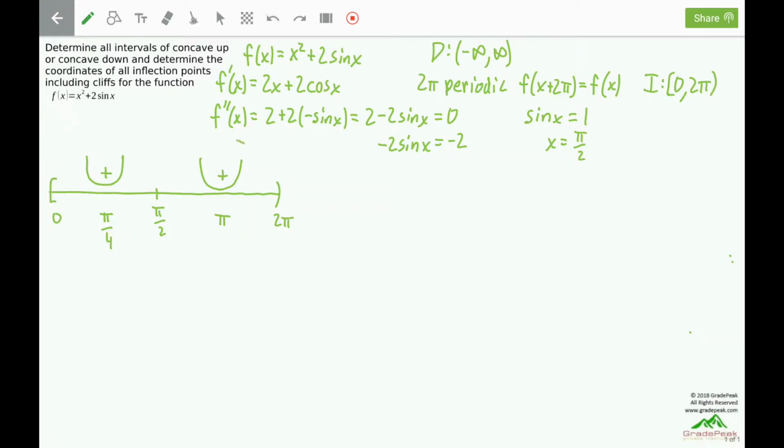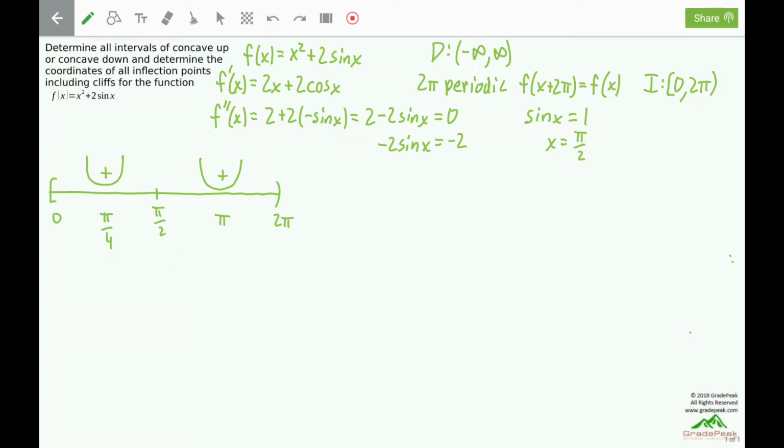And that means this concave up interval will also exist over here to the left of the 0. This interval has a width of pi over 2 to 2 pi. 2 pi is 4 pi over 2. Pi over 2 to 4 pi over 2 has a width of 3 pi over 2. So there's an interval to the left of 0 of width 3 pi over 2 that is also concave up that connects onto it.